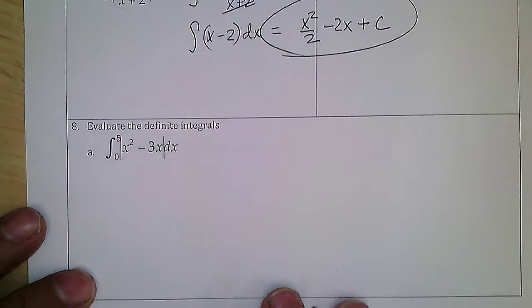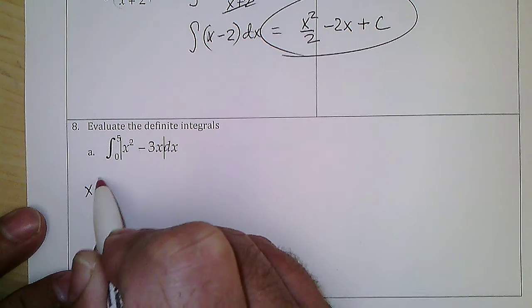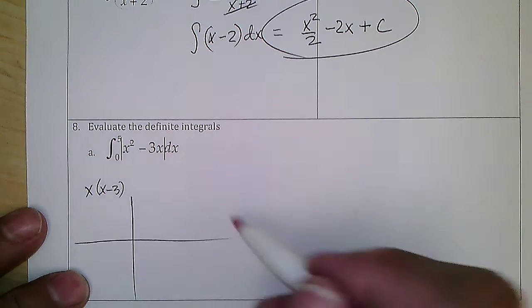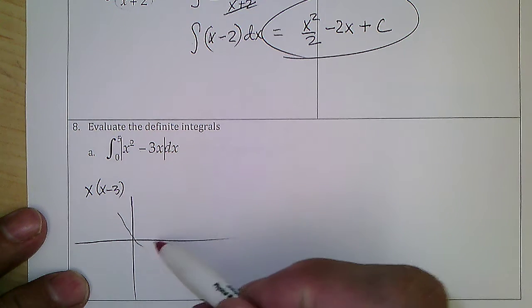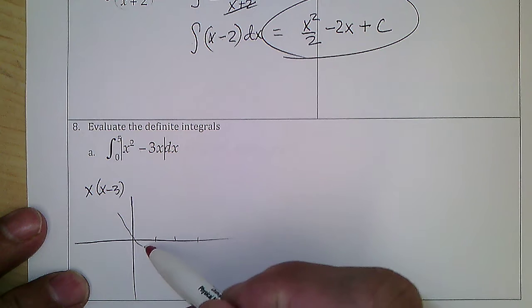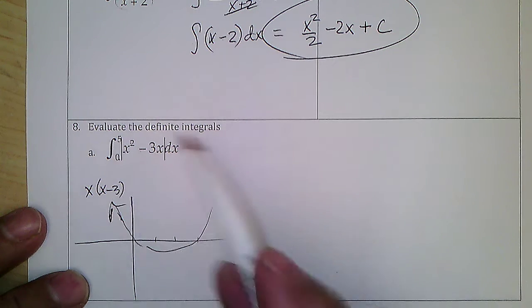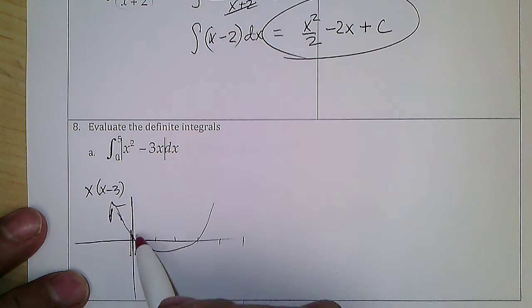On this one, x squared minus 3x factors to x times x minus 3. So it would graph, without the absolute value, going through here and coming back through at 1, 2, 3. It would be right side up. So if I want to integrate from 0 to 5, the absolute value of this negative area would turn to positive area.